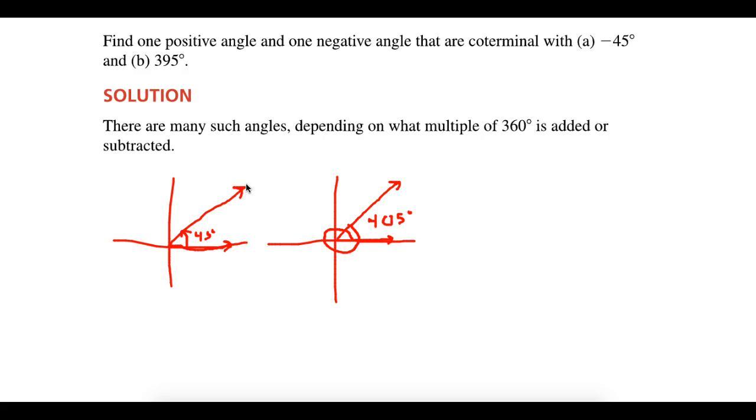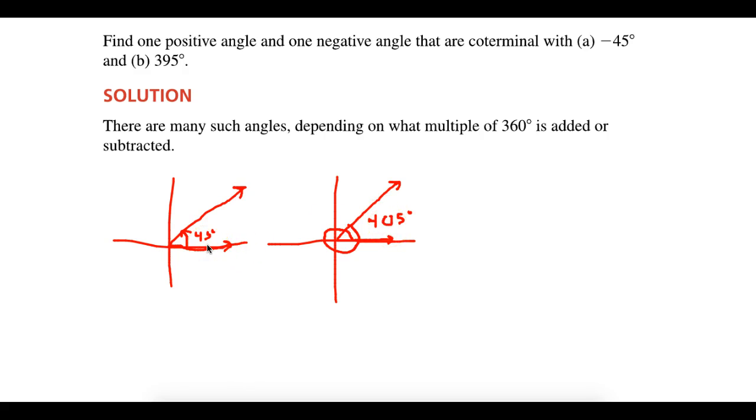Okay, so angles are coterminal if, when drawn in standard position, their terminal sides overlap. Okay, that's the definition of coterminal. Now, you can find coterminal angles by simply adding 360 degrees to an angle.